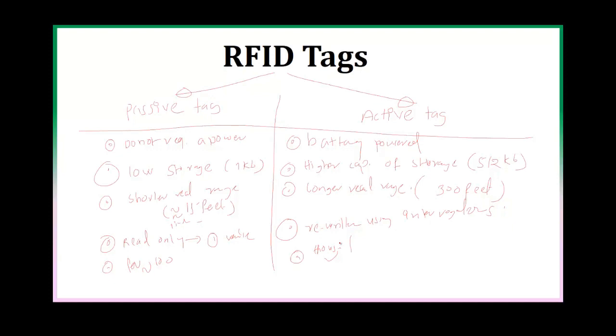In general, depending upon what kind of application you want to explore, or what kind of application is expected, you could consider which tag is useful for me, passive or active. Okay, so we have seen different tags.